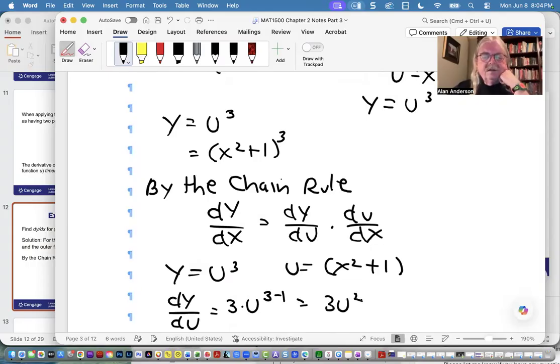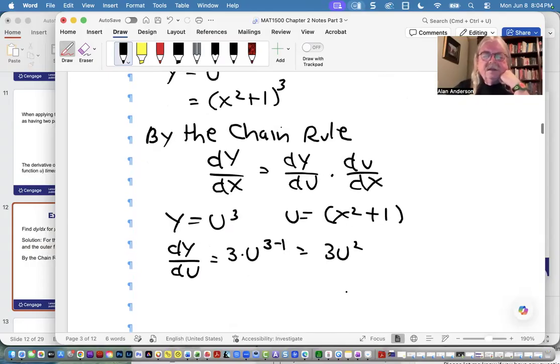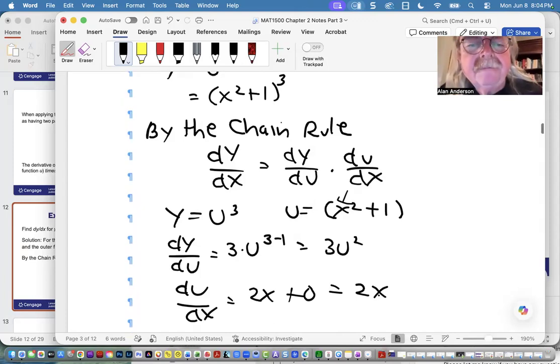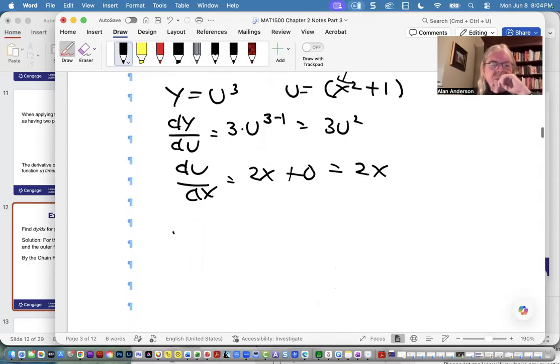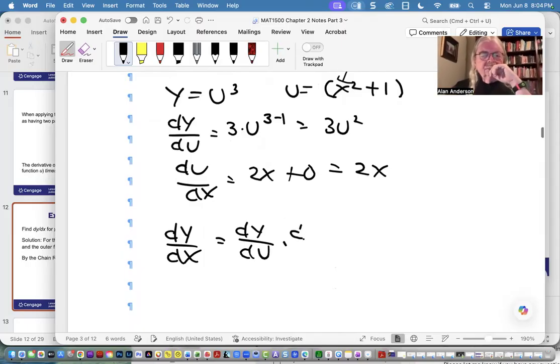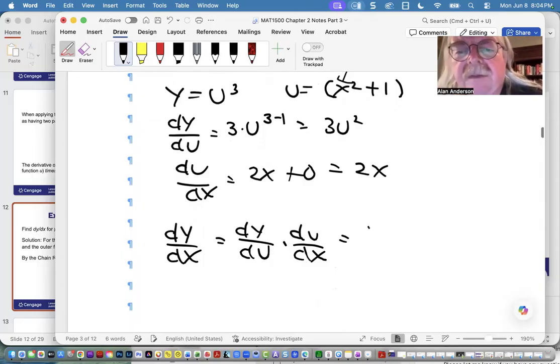So 3u squared. And in turn, du dx is, again, based on the power rule, 2x plus 0, which is just 2x. So the final result here would be, you're literally just multiplying them together.